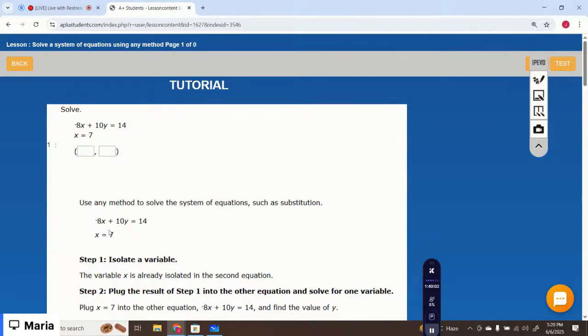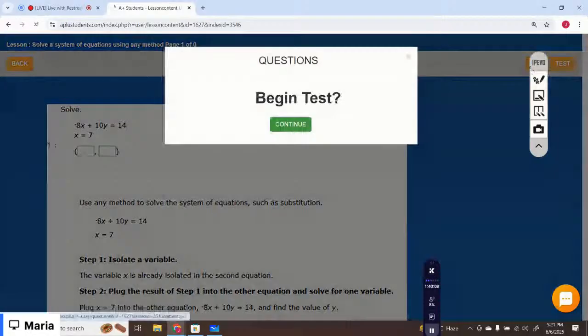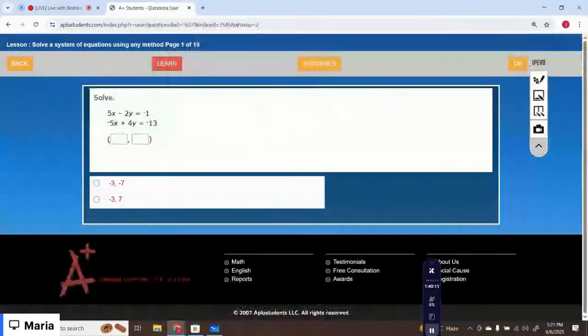So depending on the equations, whatever method is easy to use, you can just start with the test question.